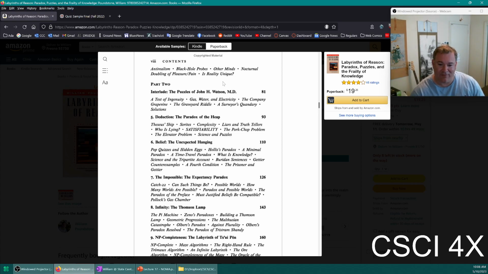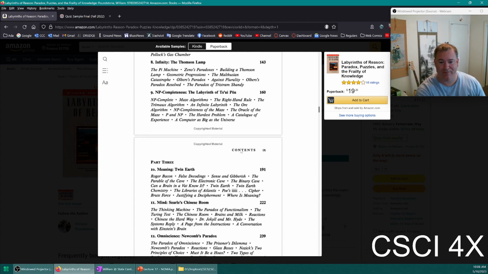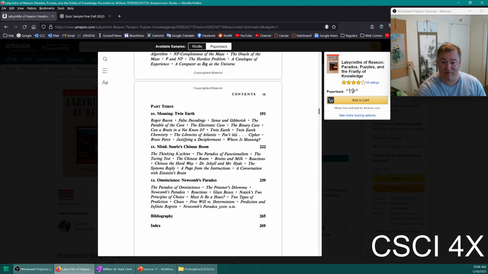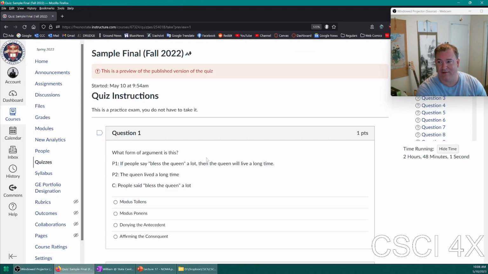So there's a lot of really interesting puzzles and questions that are discussed in this book. I would recommend it. The Chinese room problem that we were talking about last time is in this book. Newcomb's paradox, can you predict the future? This kind of stuff is all in the book. And I would recommend it. If you enjoy this kind of stuff, there's a lot of really good things that'll hurt your brain, in a good way, to study.